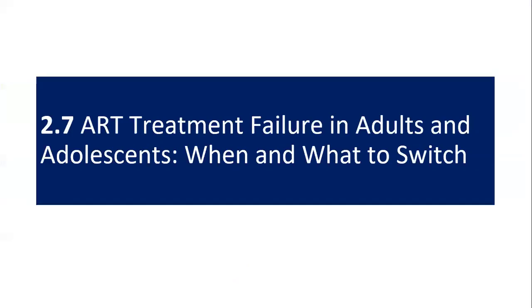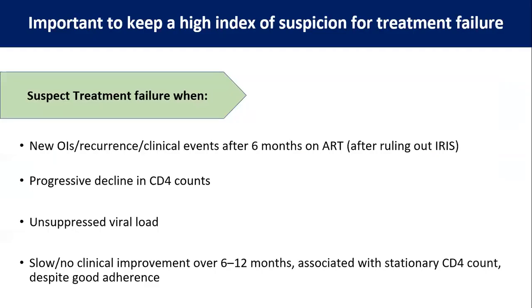Now, what is treatment failure in adults and adolescents, and when to switch and what to switch? So what are the signs and symptoms from which we can guess that the patient is probably developing treatment failure? Clinically, it is new OIs, occurrence, recurrence, or new OI, and clinical events after 6 months of ART, then we can suspect that probably the patient is developing failure.